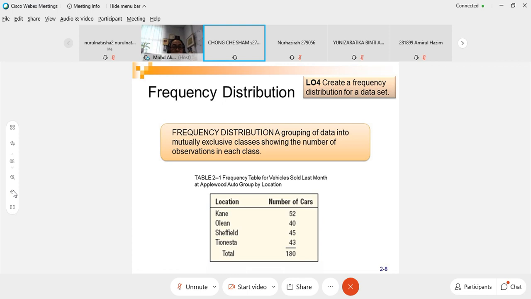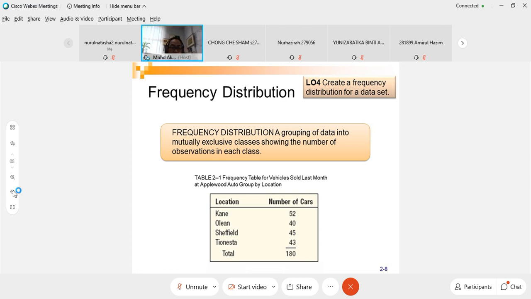Location, number of cars: Keynes 52, Olean 40, Sheffield 45, Tionesta 43, and the total is 180. Okay, thank you, Chong.